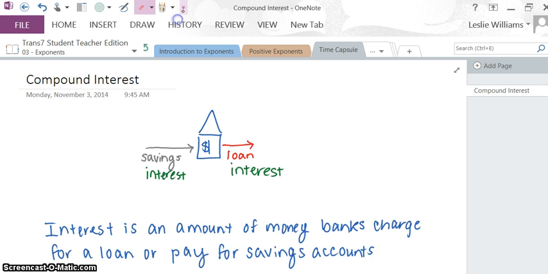Should be saving accounts. Anyway, saving.